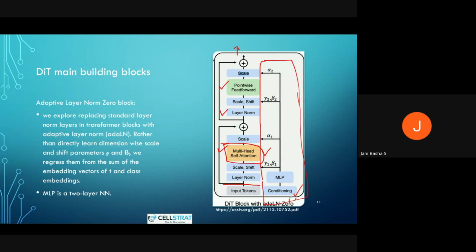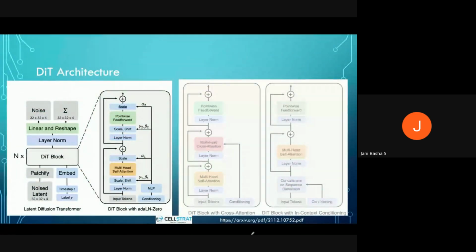So generally they have tried different architectures. These are two different architectures of transformers that were used in the stable diffusion process. The first one is just concatenating the image and the textual prompts and embeddings.